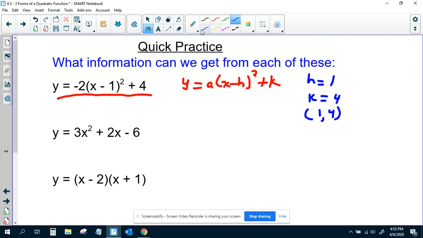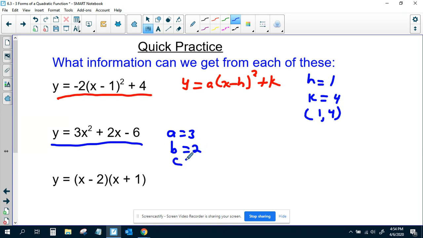Alrighty. Going on to the next one. The next one's in standard form. So we have our a value, which in this case is 3. Our b value is 2.